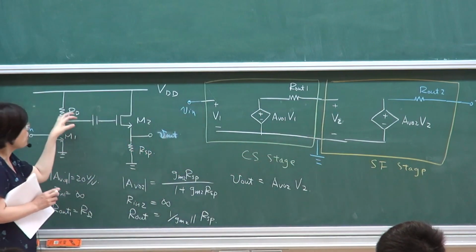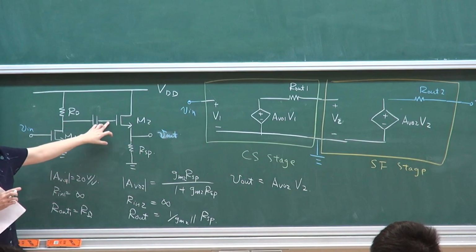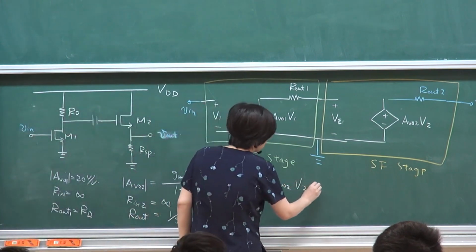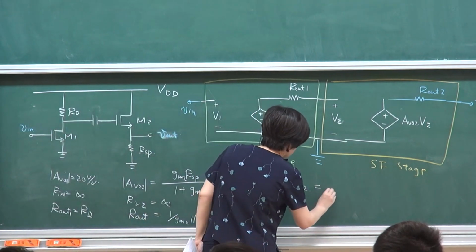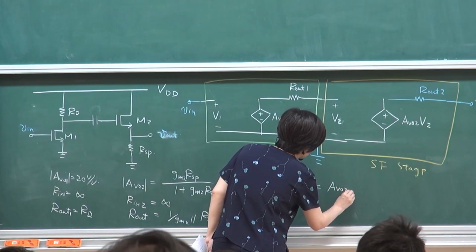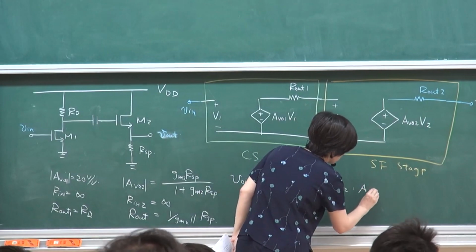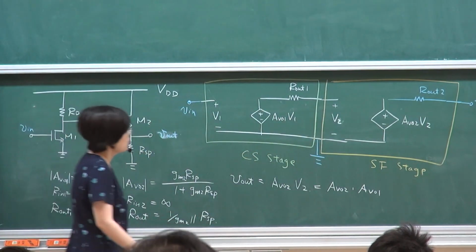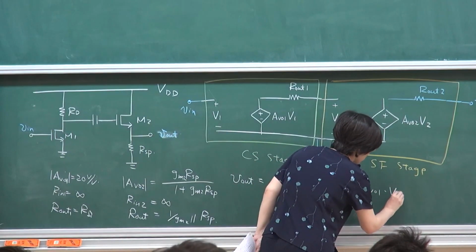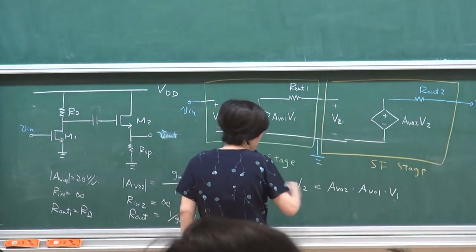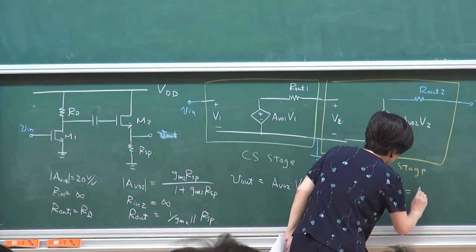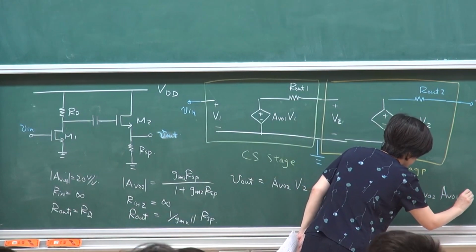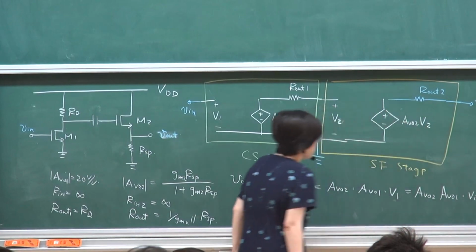I'm taking whatever voltage is here because I have infinite input resistance. So this will simply be AVO2 times AVO1 times V1, and because V1 equals Vin, it's simply AVO2 AVO1 times Vin.